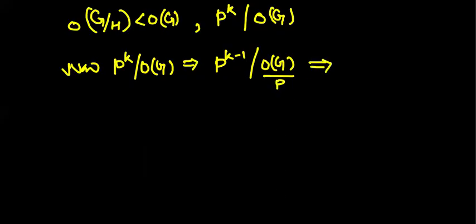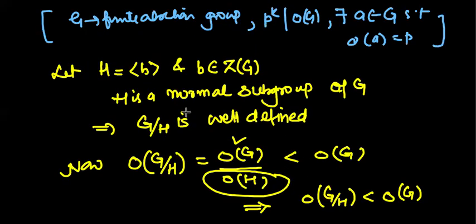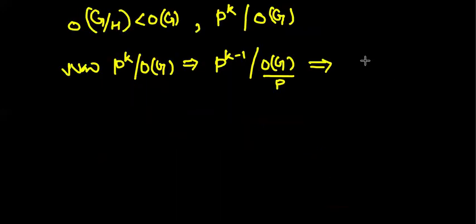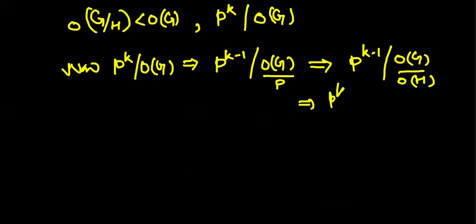Now, because this is a cyclic group, order of H is equal to p, because in a cyclic group the generator's order and the group's order are the same. So order of H is equal to p. So just putting it up, p^(k-1) divides order of G divided by order of H, and this can be further written as p^(k-1) divides order of G mod H.